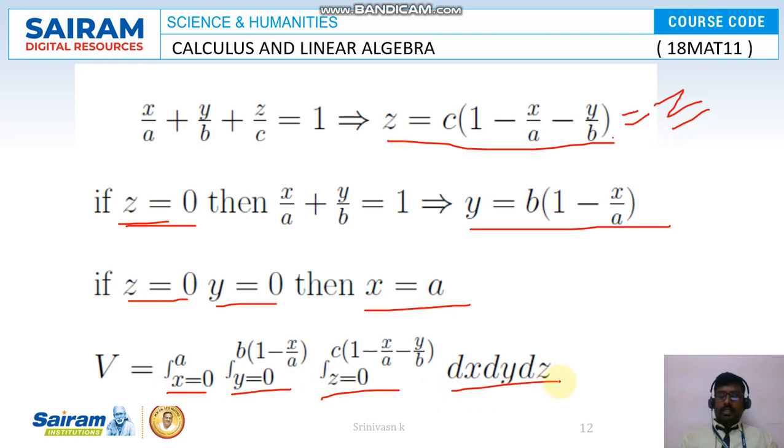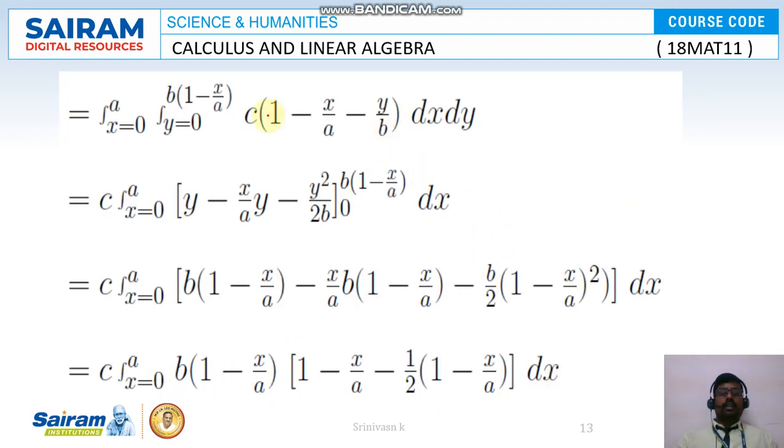So first integrate with respect to z, we'll get only this value. Substitute the upper limit minus lower limit, we'll get the same. And next integrate with respect to y. C is a constant, taking outside, x from 0 to a. Each and every term you have to integrate with respect to y.